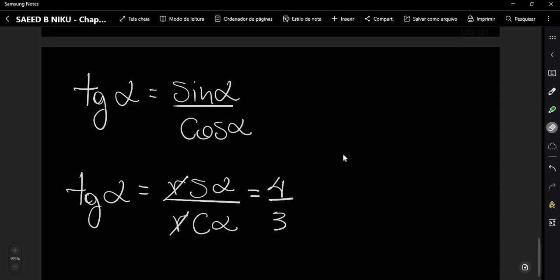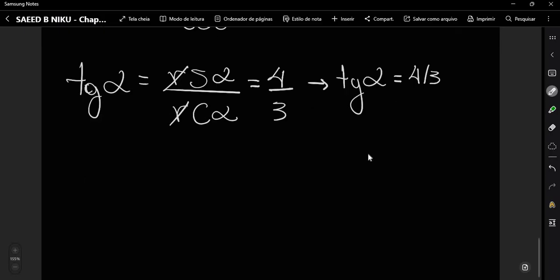And so tangent of alpha is equal to 4 divided by 3. And right here we want to evaluate alpha.